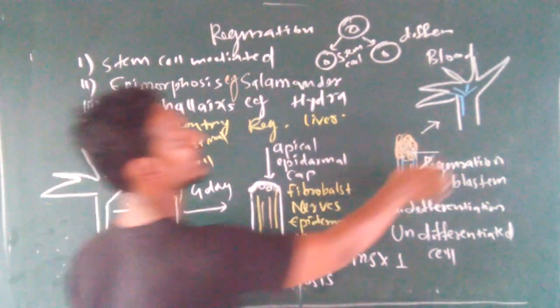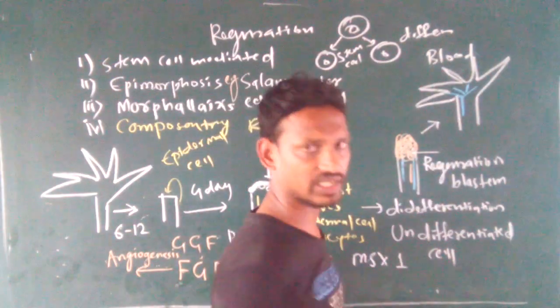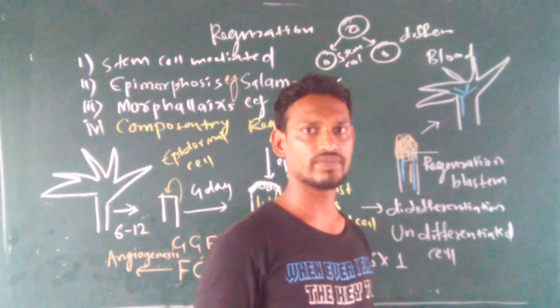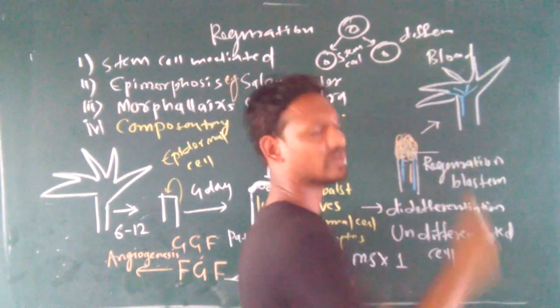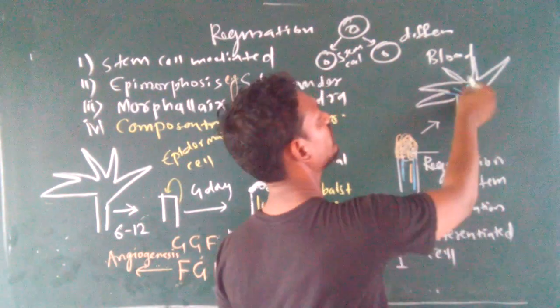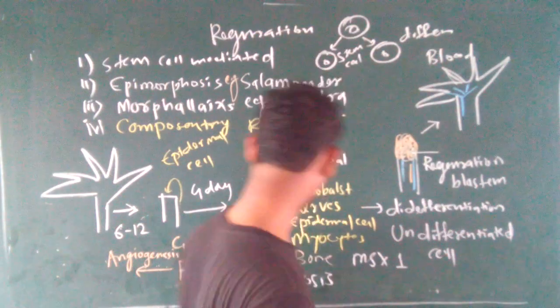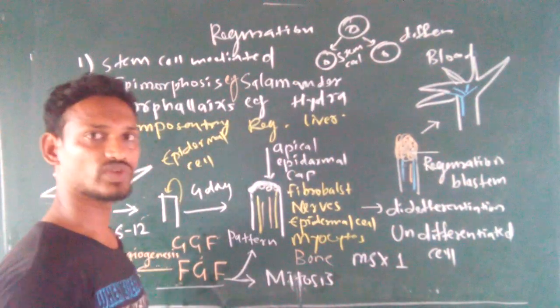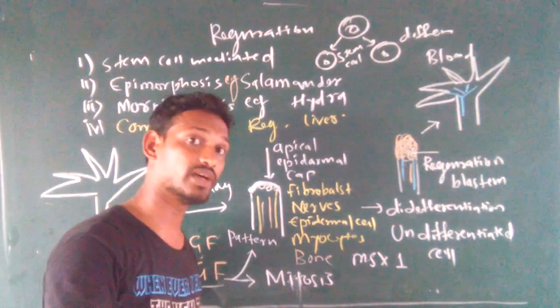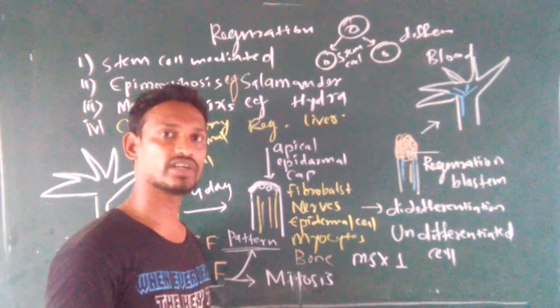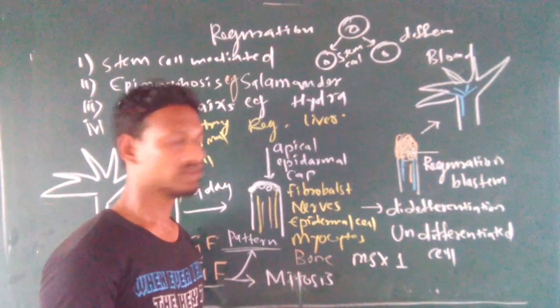It decides the pattern. How can the limb grow? Where the forefinger and other fingers will grow, which finger will be growing where, all controlled by the fibroblast growth factor. It is not genetic expression but the pattern of formation of the limb.